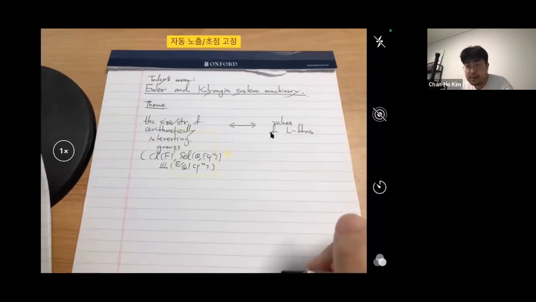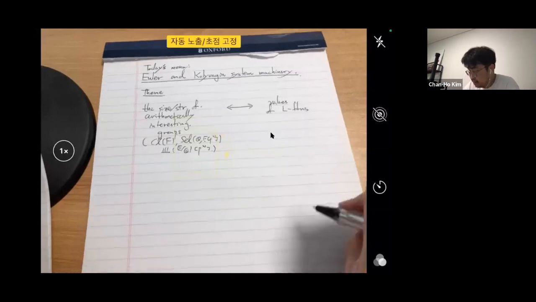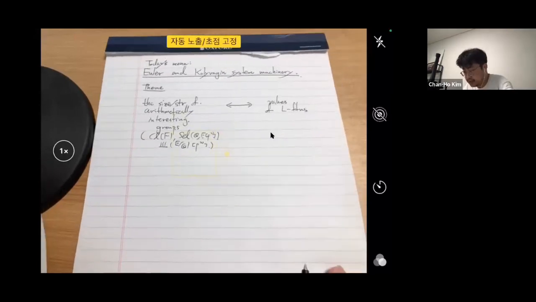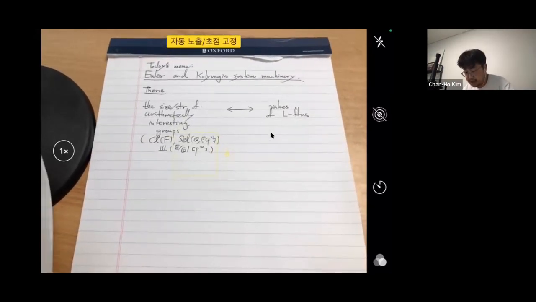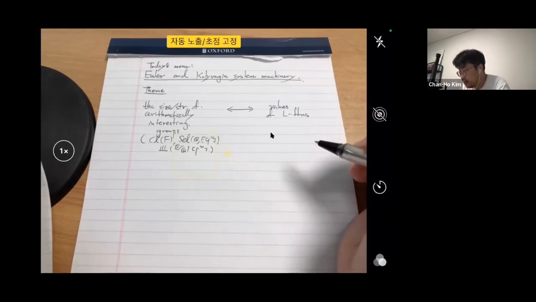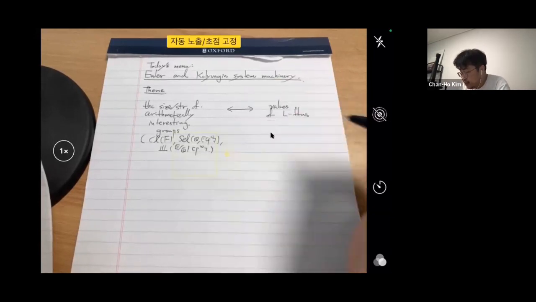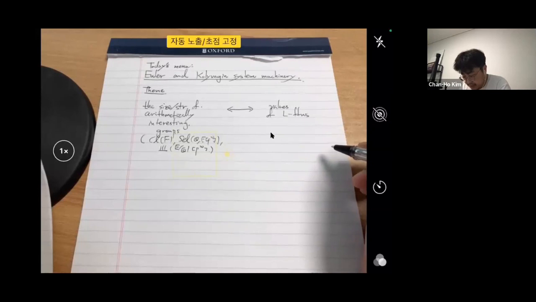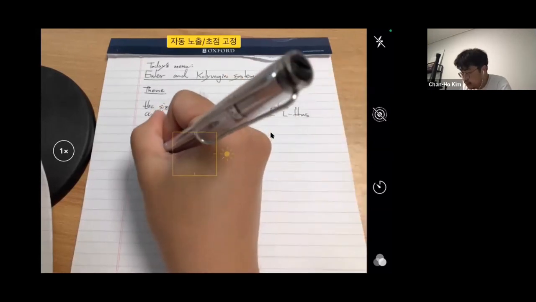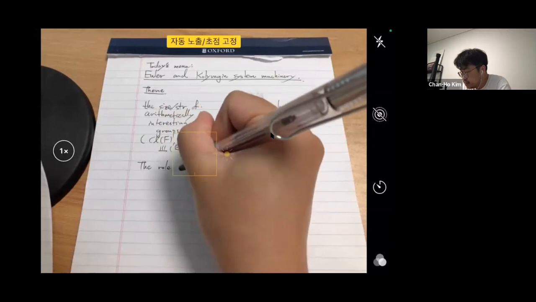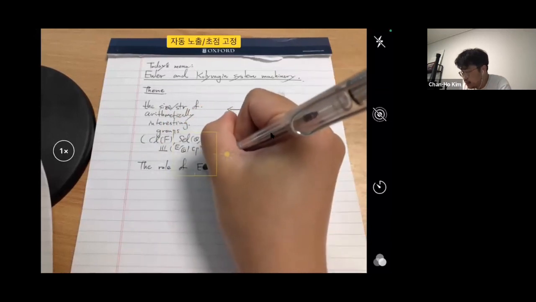The role of Euler systems in this theme, or the advantage, is that if we have a non-zero Euler system, then we can bound the Selmer groups from above.